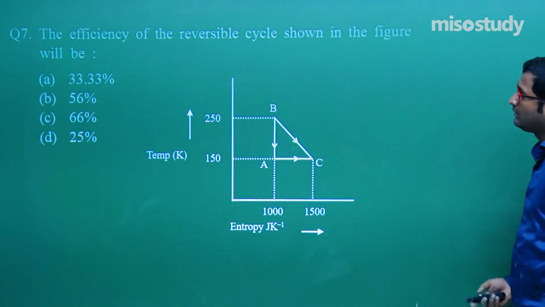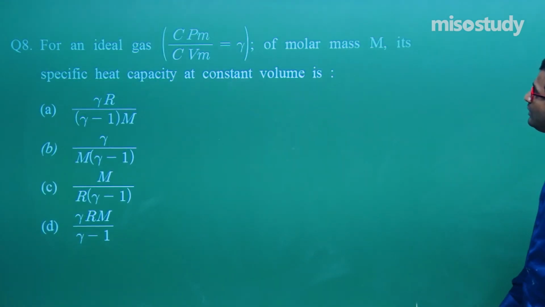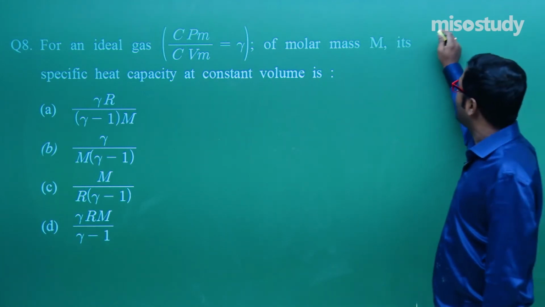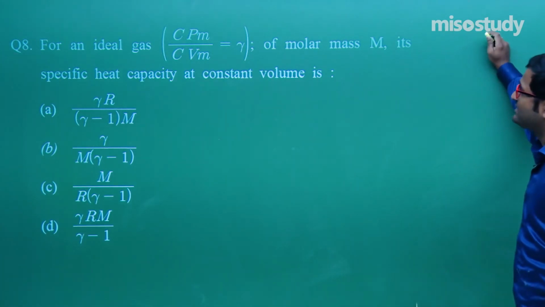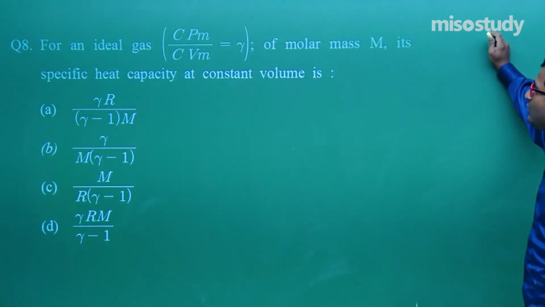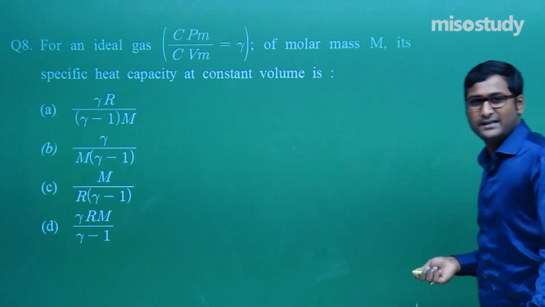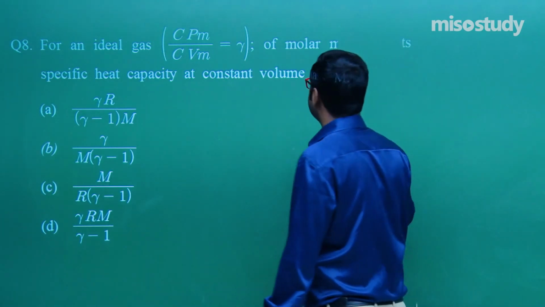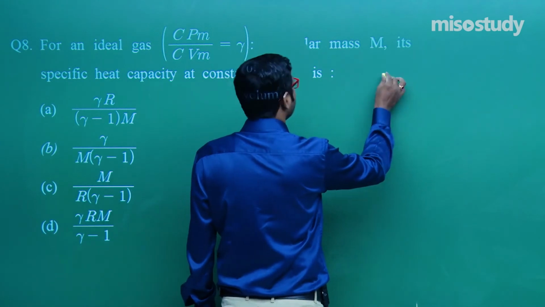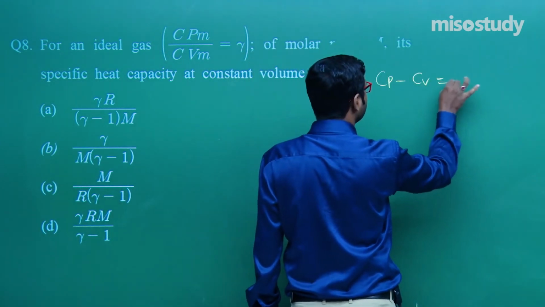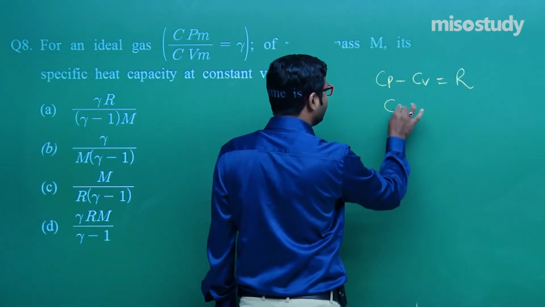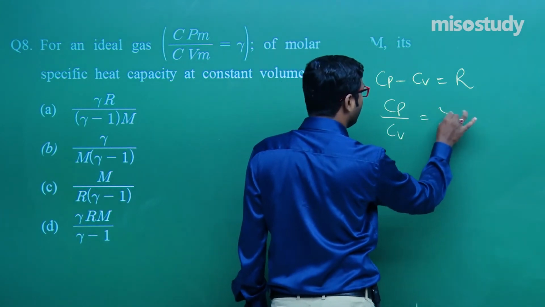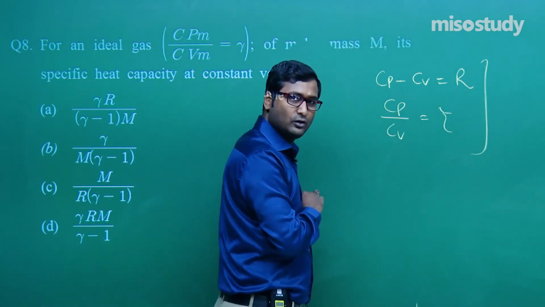Now let's move to question number 8. For an ideal gas of molar mass m, its specific heat capacity at constant volume is asked. It's very simple. If you use this formula, Cp minus Cv is equal to R and Cp upon Cv is equal to gamma. Do you remember this?